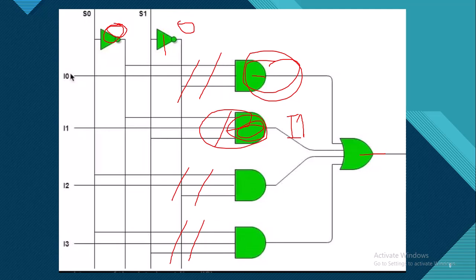Only I1 has an output, and it moves on and gives an output to the OR, producing it based on just its signal, and the rest are cut off. That is what happens when this is 1 and that is 0: that one is the only one that has an output. And when they are both 1 1, I3 gives us an output.